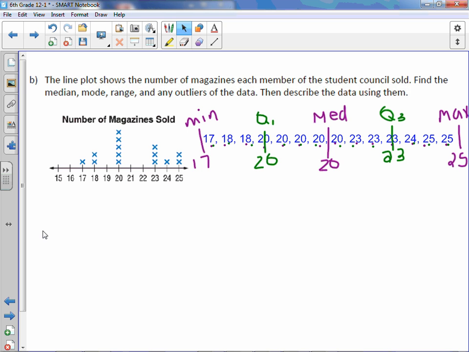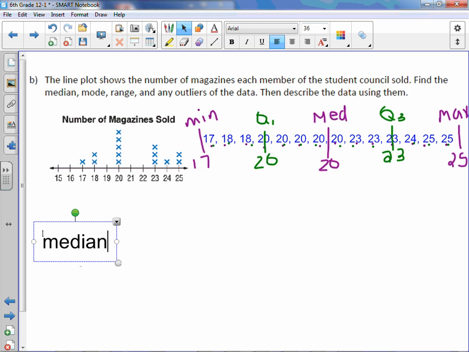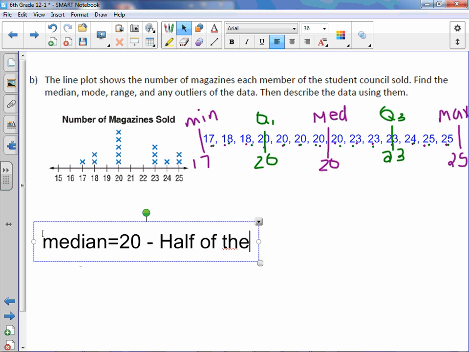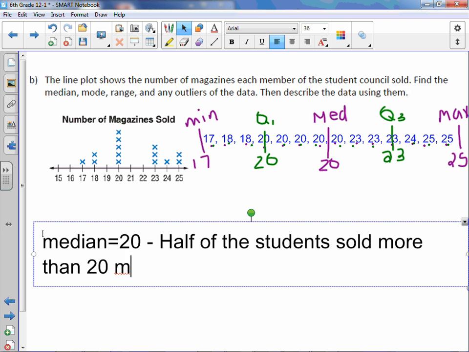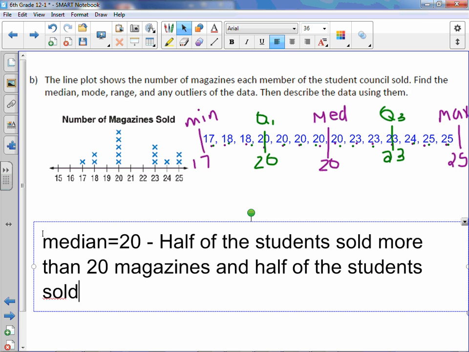So first let's start with our median. Median equals 20, which means half of the students sold more than 20 magazines and half of the students sold less than 20 magazines.